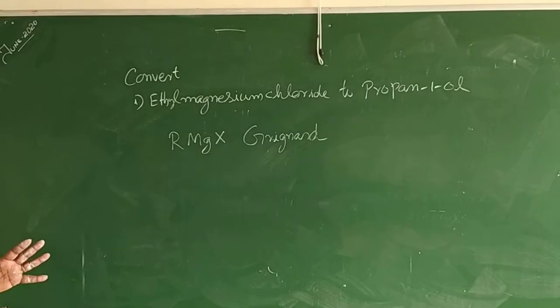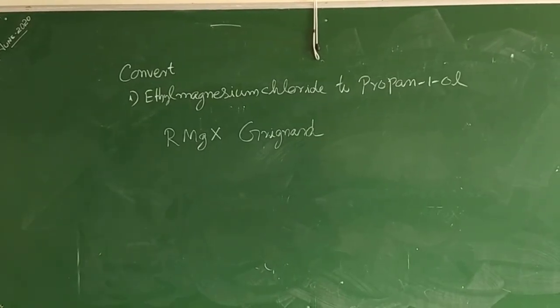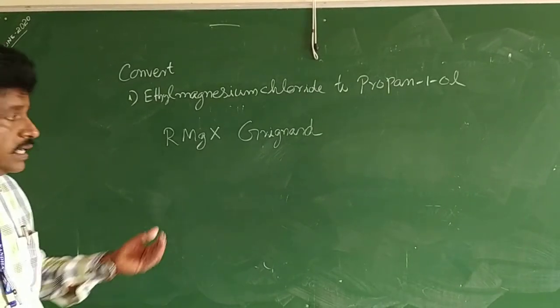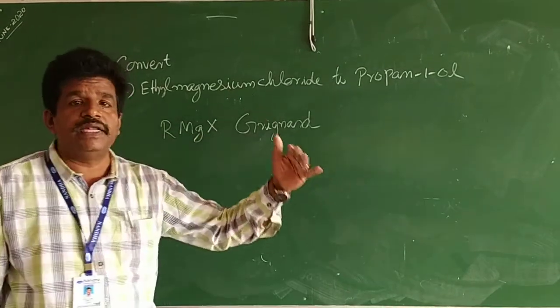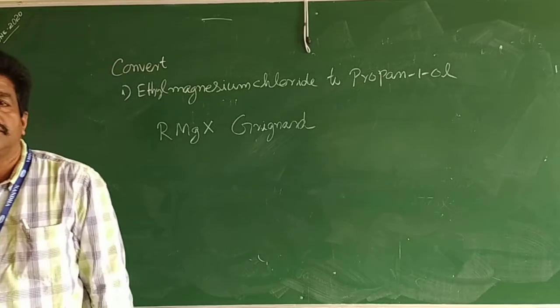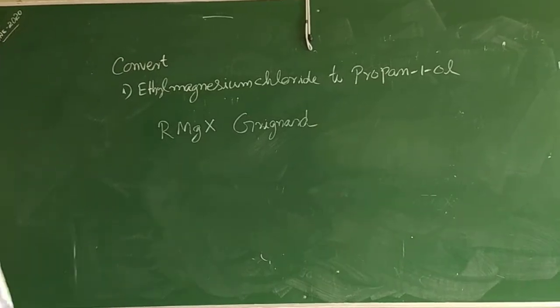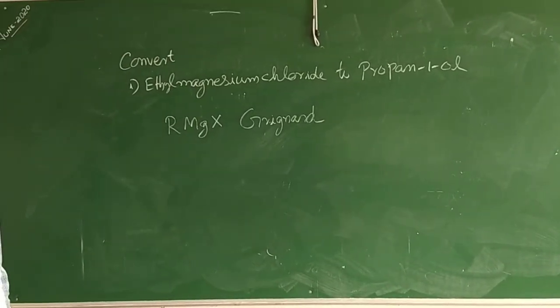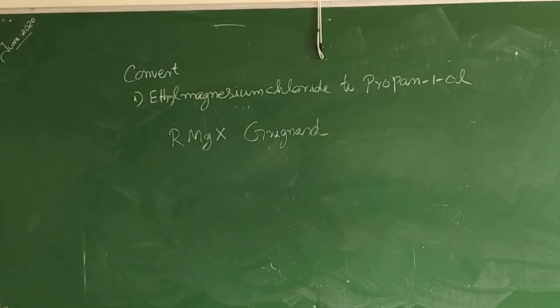So formaldehyde gives only primary alcohol. Other aldehydes react with the Grignard reagent and the product on hydrolysis gives secondary alcohol, whereas a ketone on reaction with a Grignard reagent followed by hydrolysis gives tertiary alcohol.